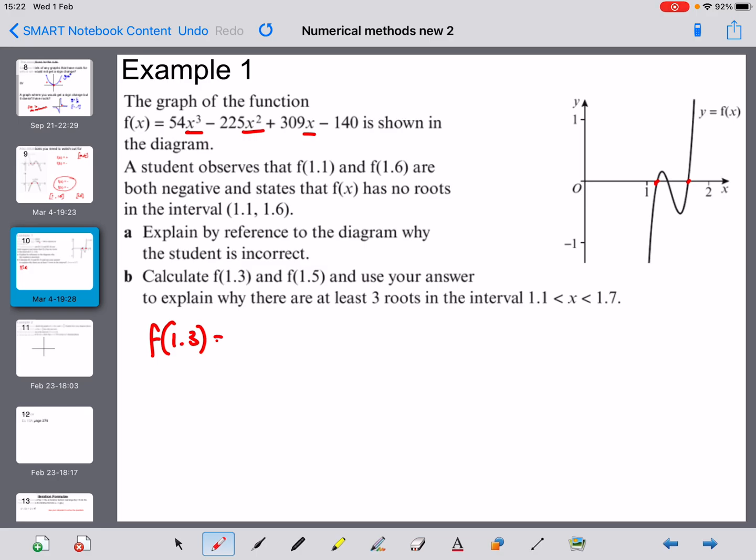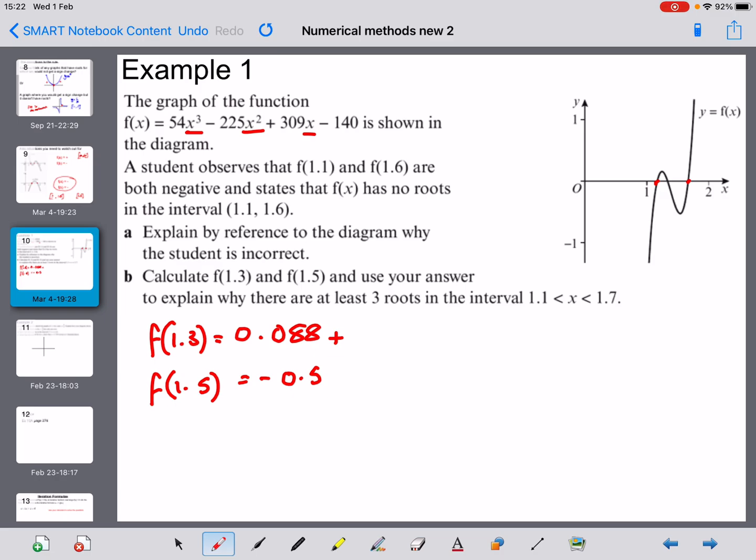So if I do f of 1.3, if I substitute it in, you could use the x on your calculator and the calc function. That gives us 0.088, which is positive. If I do f of 1.5, that gives me negative 0.5, which is obviously negative.